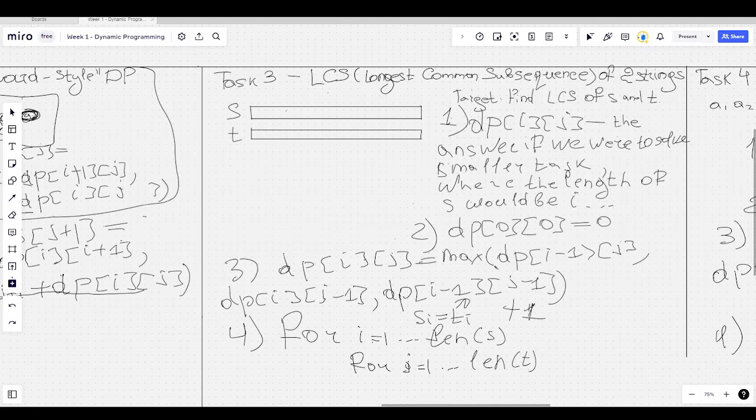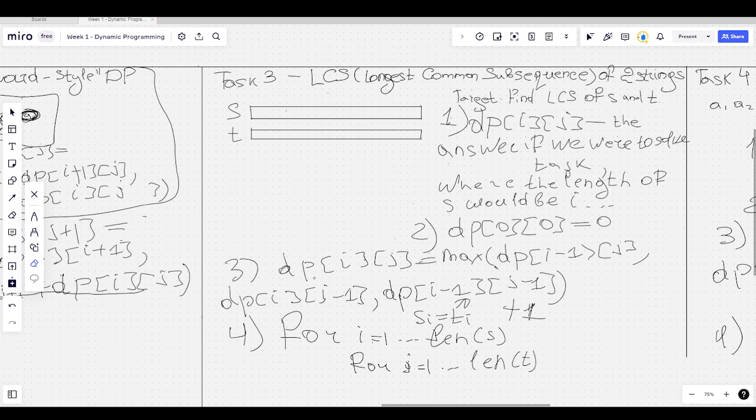In this task, dp[i][j] is the answer if we were to solve a task where the length of s would be i and the length of t would be j. The second question: what is the base? Suppose dp[0][0] means s with null characters and t with null characters equals null. Suppose it.